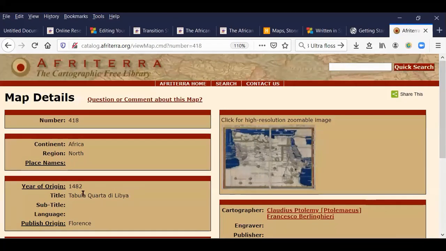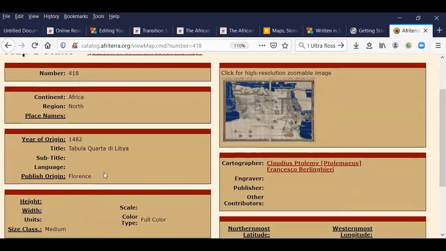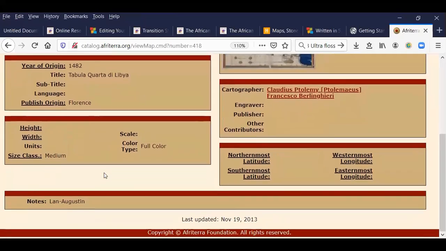Like this one of a map created in 1482, before the discovery of the New World by Columbus, and posted with great detail about the top of the African continent toward Europe, the Mediterranean coast.